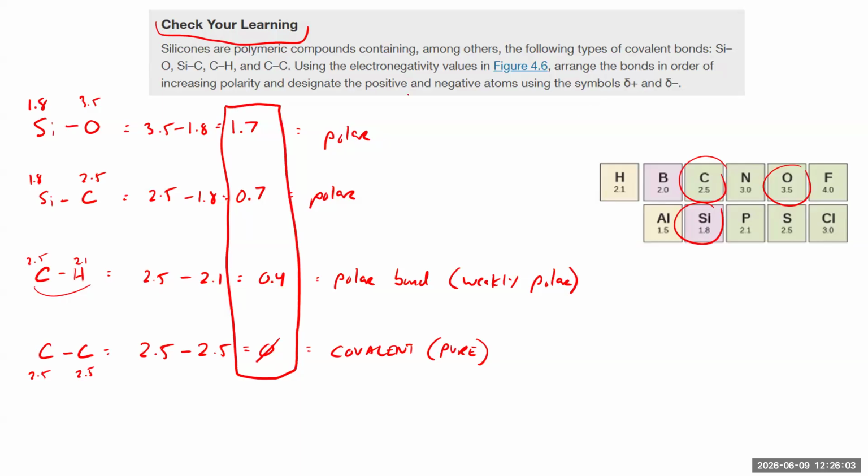It says, arrange the bonds in order of increasing polarity and designate the positive and negative atoms using these delta symbols. I'm going to do it in a different color so you can see it better. Here, this is not polar, so we're not going to have those delta symbols.